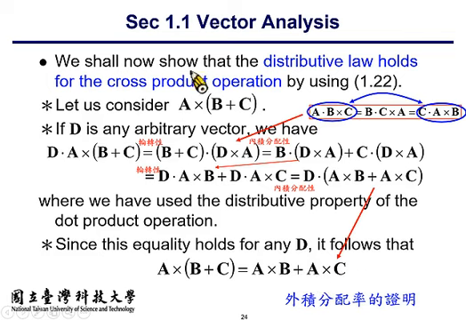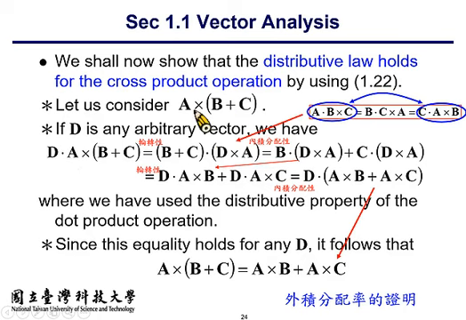So this is the original expression, and we would like to show that this relationship holds by using the cyclic manner that we have seen in the previous slide. Suppose that we have an arbitrary vector D, and you perform scalar triple product on this result.